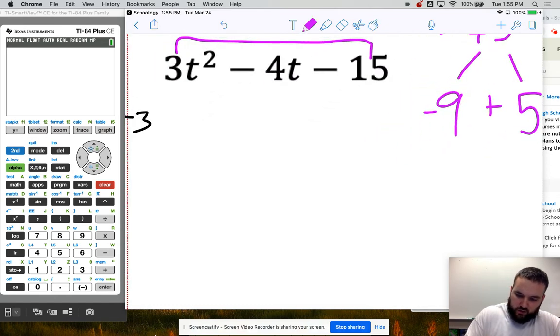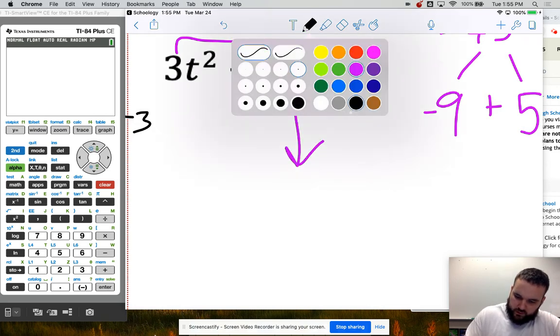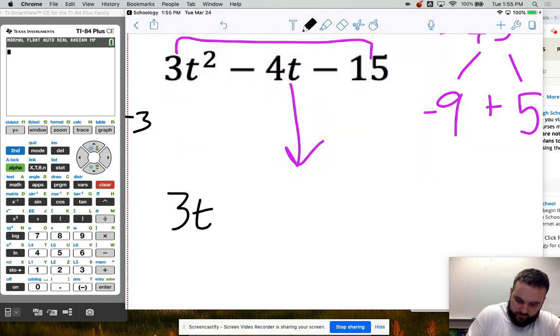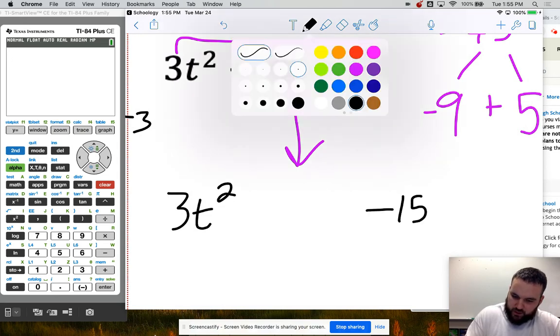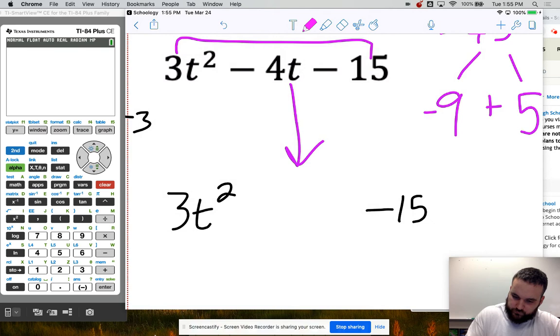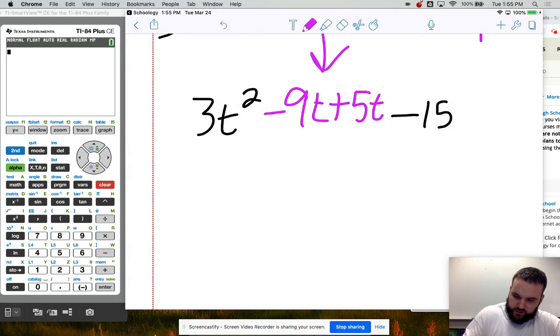So then I'm going to bring this down a little bit further. Keep the 3t squared, keep the minus 15, but in the middle, I'm going to put minus 9t and plus 5t. So now I've got 4 terms, and we split, and we're good.